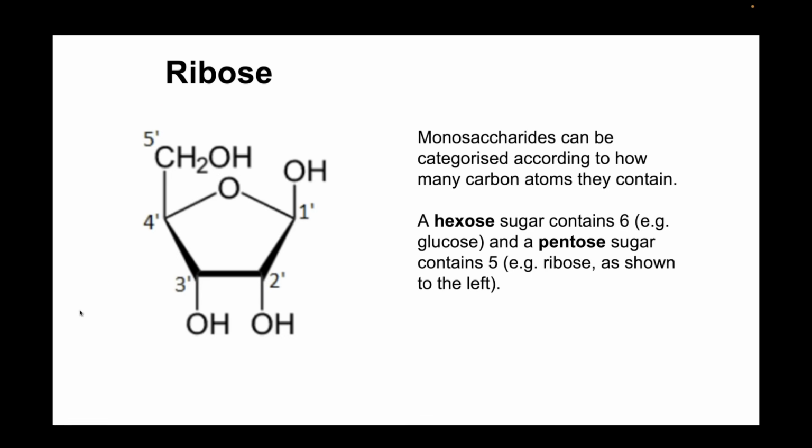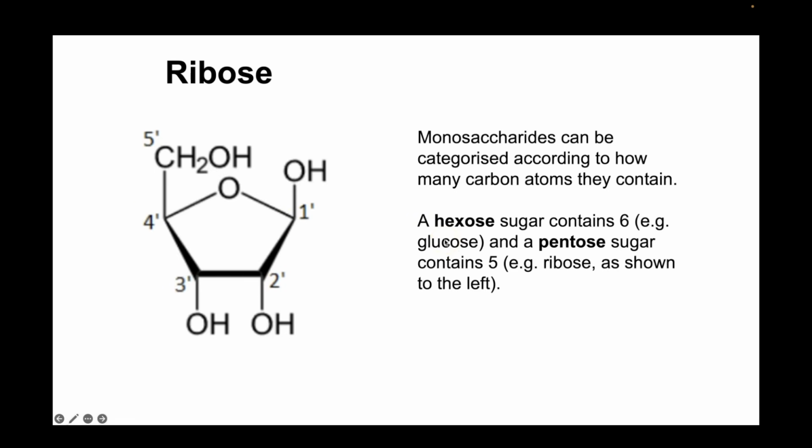Then we have the structure of ribose, one of the other monosaccharides you need to know. Monosaccharides can be categorized according to how many carbon atoms they contain. Ribose is classed as a pentose sugar because it contains 5 carbons. We can see where we've got these numbers, that's indicating where the carbons are in the structure. So we've got carbon 1, 2, 3, 4, and 5.